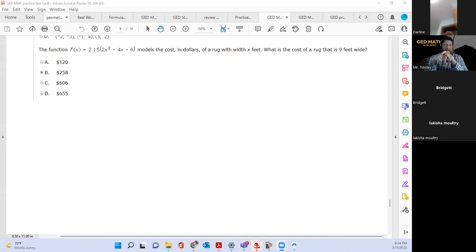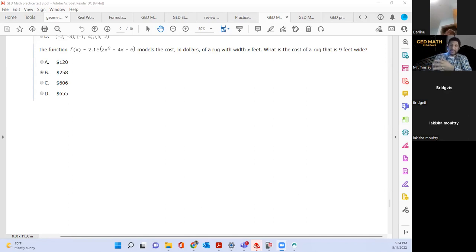What are we looking at? Does anybody like this problem? If you read this problem, your head probably would explode, am I right? Because what most people make the mistake of is thinking, oh, this is a quadratic equation. It is a quadratic function. How do we know? Because of 2x squared. But that's not what they want.